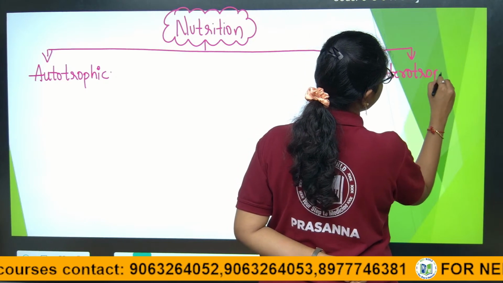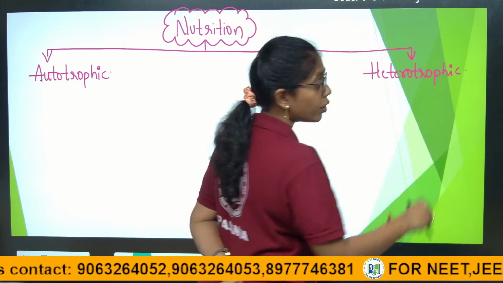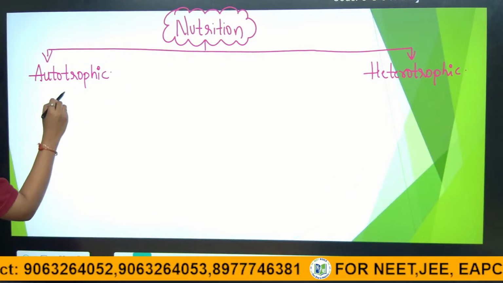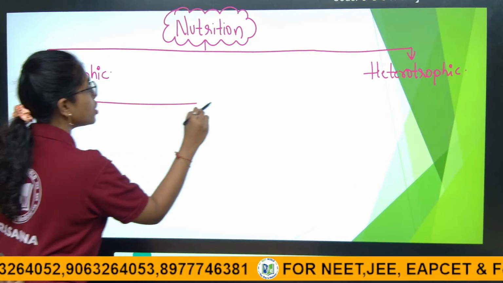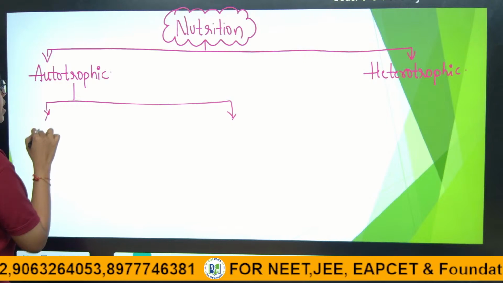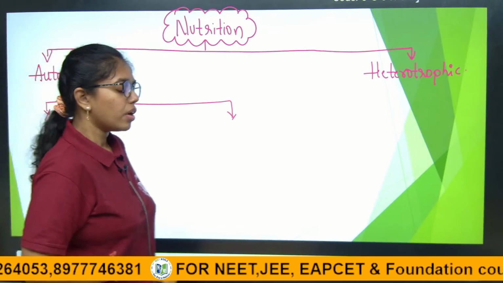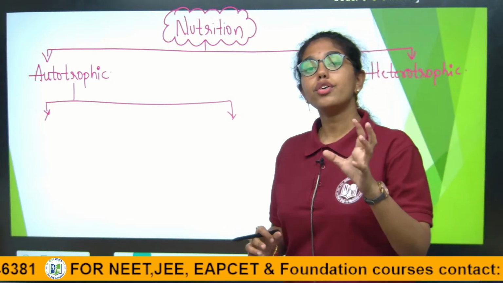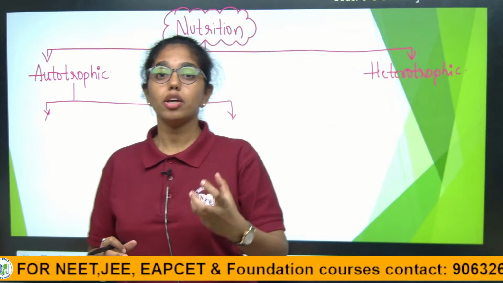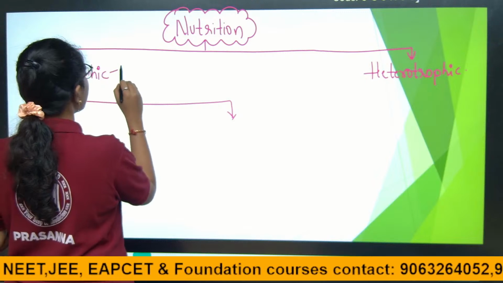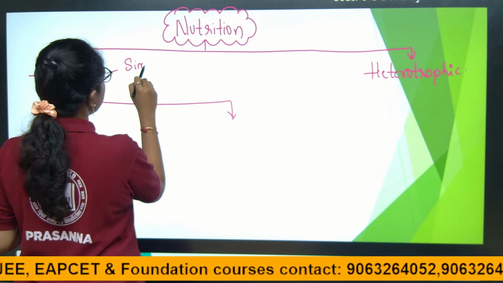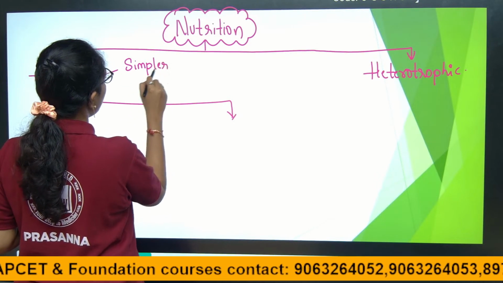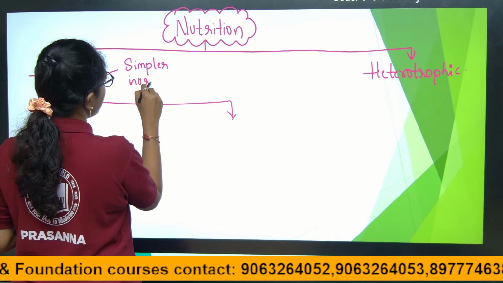Autotrophic nutrition is again of two types, based on the energy it utilizes to prepare food. Firstly, let us know what autotrophic nutrition is. In autotrophic nutrition, using simpler inorganic molecules and utilizing energy, be it light energy or chemical energy like ATP, the organism synthesizes complex organic molecules.